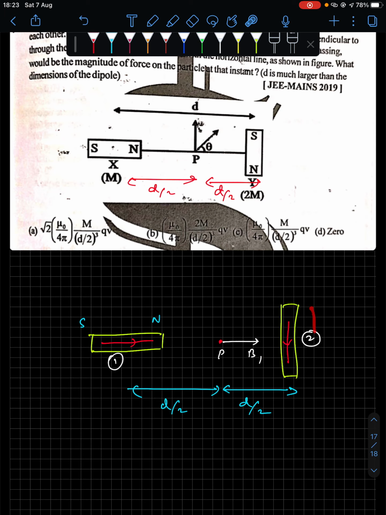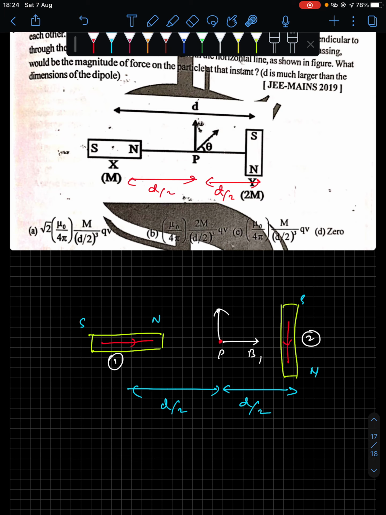Then the field due to a bar magnet or a magnetic dipole, since this magnet will have south here and north here. Now this is placed in such a manner that the field direction is already mentioned in the question, isn't it? The field is along this way, which is at an equatorial point. This is the equatorial point, lying on the equatorial line.